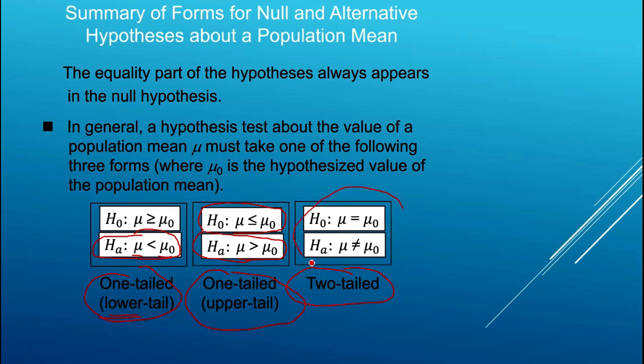There we have two different tails to be concerned with, because either a really large sample mean IQ score is going to cast doubt on the null, or a very small average IQ score relative to 100 is going to cast doubt on the null. So on both sides, we have a two-tailed test.